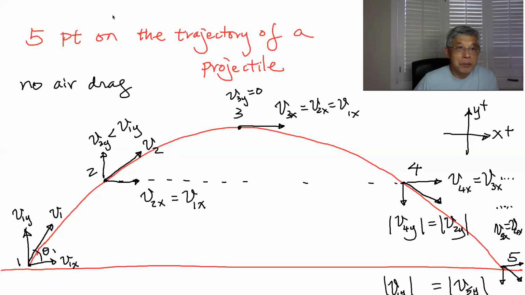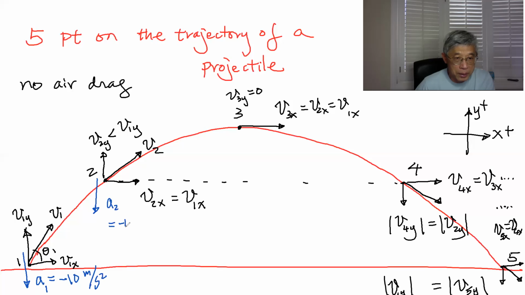All right, and then let me add the acceleration, A. At all these points, A is going down and is equal to minus 10 meters per second squared. Right here, this is A1 and this is A2. A2 is equal to minus 10 meters per second squared.